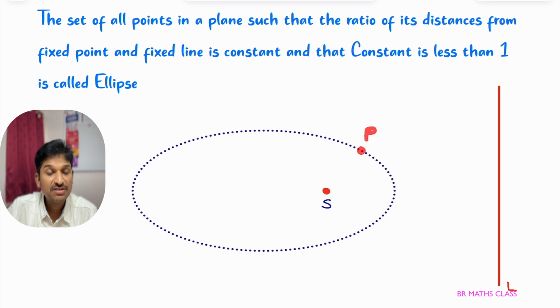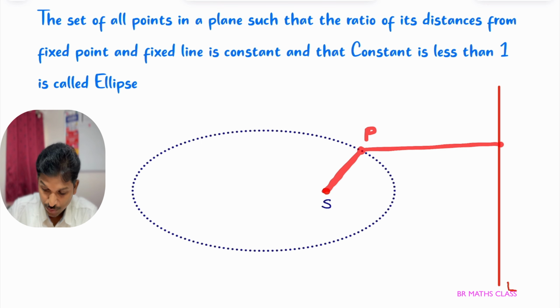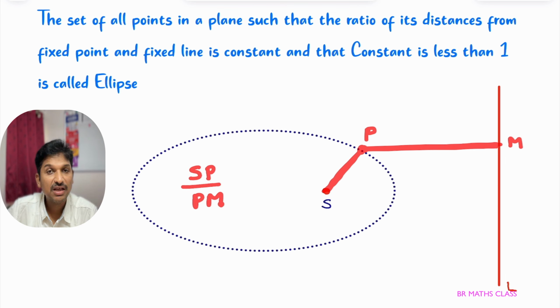The ratio of distances from this point to the fixed point. See here, this distance, the ratio of distances from the fixed point and the fixed straight line. Suppose the distance from P to this line is named PM. I hope you are understanding. SP, PM. Ratio of distances means what? SP divided by PM. The ratio of distances from the fixed point and the fixed straight line is constant.